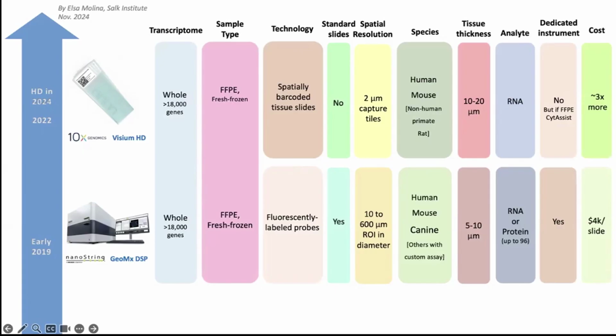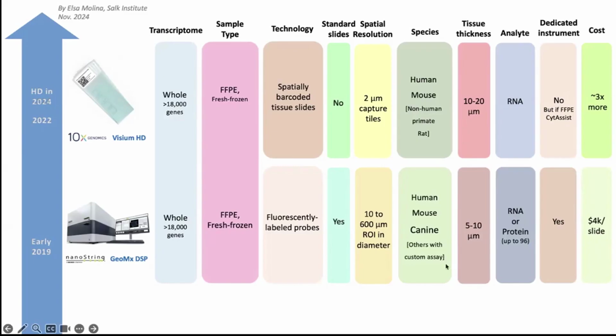And finally, the cost. I know many of you are interested in the cost, and basically every user keeps asking me, what is the cost? What is the cost? So basically the current price, right now, is approximately $4,000 per slide if you include the sequencing.